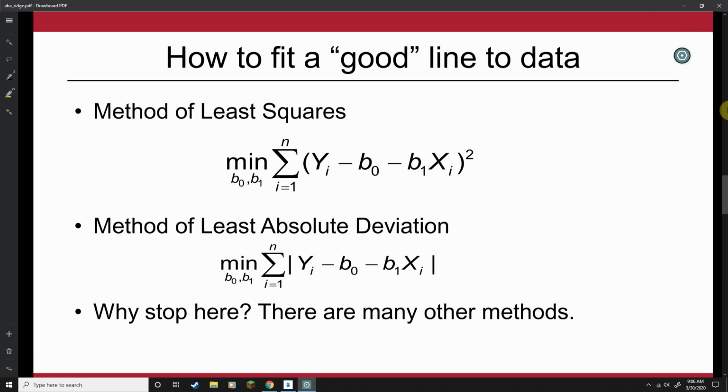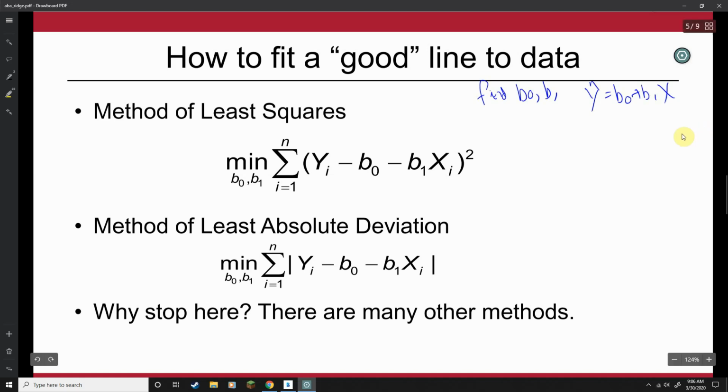But when we say fit a line, we mean find b0 and b1. So the equation of the line is y hat equals b0 plus b1x. And of course, b0 is the intercept, b1 is the slope. And the idea is that if I know b0, b1, I can draw the line. So b0, b1 define the line. Give me b0, b1, I know what the line looks like. I can draw it on the computer.